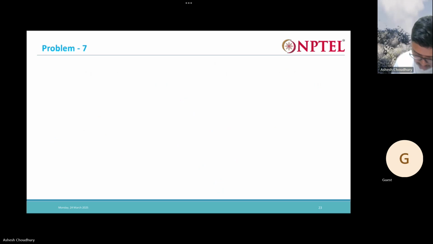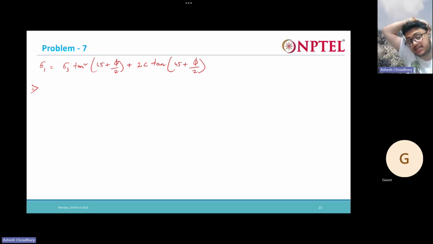Now sigma 1 is sigma 3 tan square. So for NC clay, normally consolidated clay means what? C is 0. If you recall from the triaxial test, for normally consolidated clay, C becomes 0 because the envelope passes through the origin.